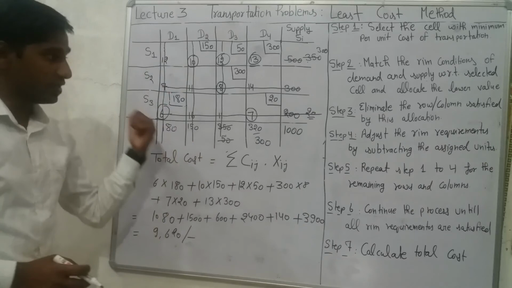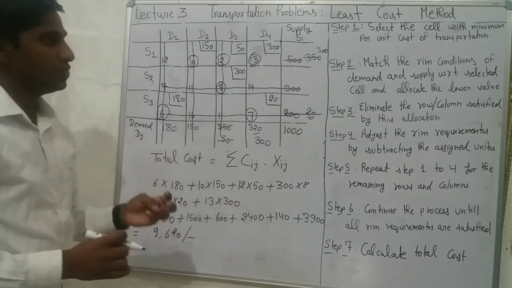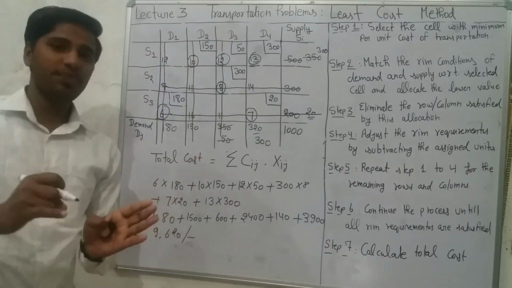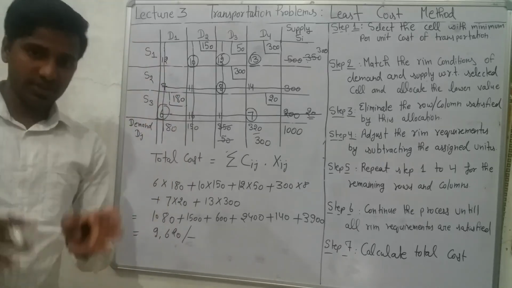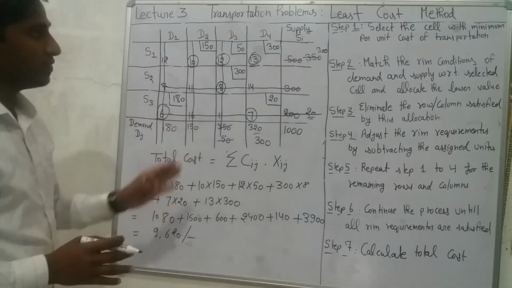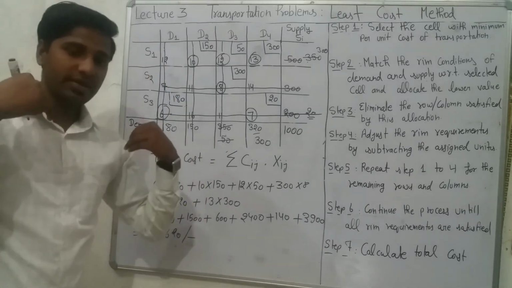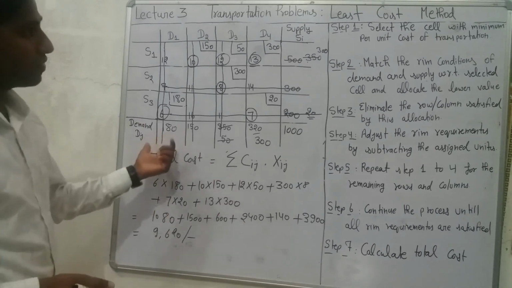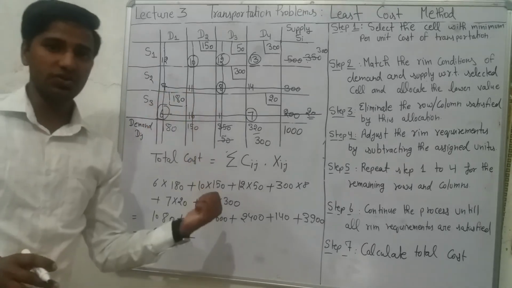What we don't do in this method is consider opportunity cost, or the penalties of not opting for the best route, because we are not sure that in the least cost method we are going to select the best available route every time. So we don't have any provision for not selecting the best route in this method.